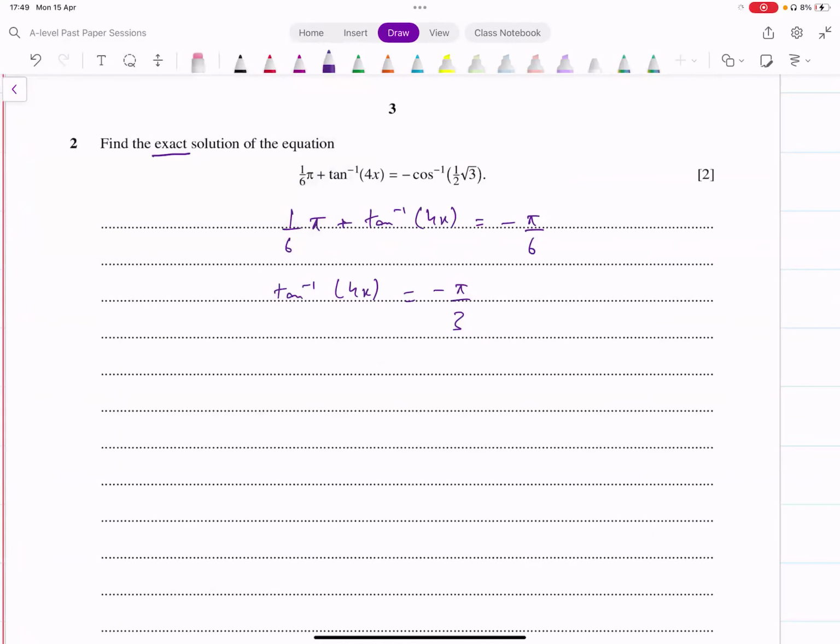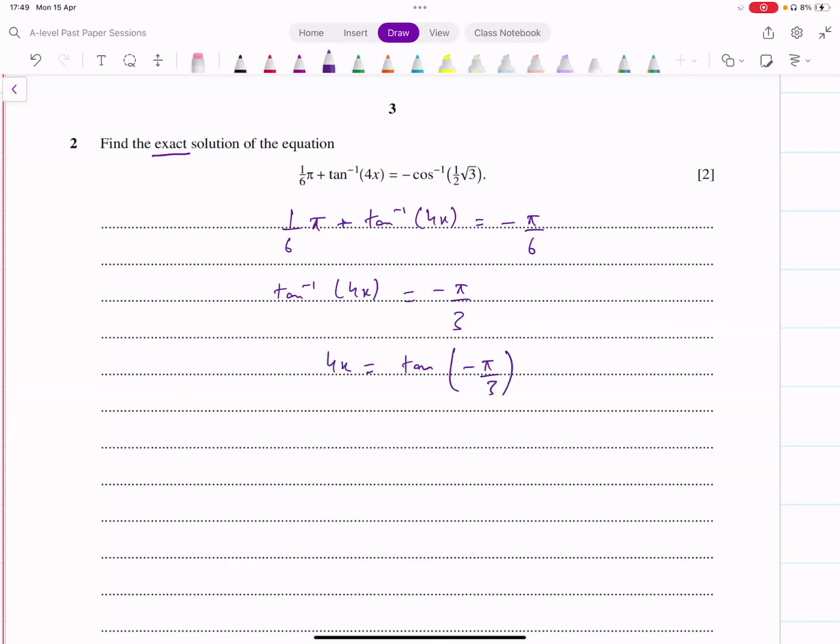So we can take this tan inverse to the right side, just like if you have tan x equal to 1, for instance, you say x equals tan inverse of 1. Now you have tan inverse of something. If you want to take it to the other side, it becomes tan. So in this case, it would become 4x equals tan of minus pi over 3.